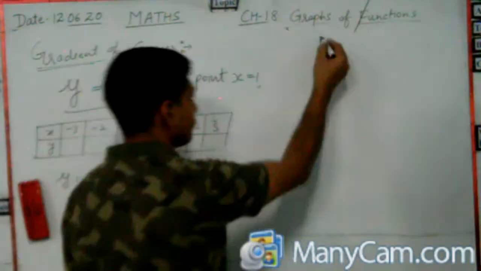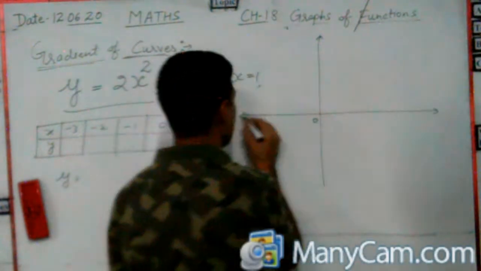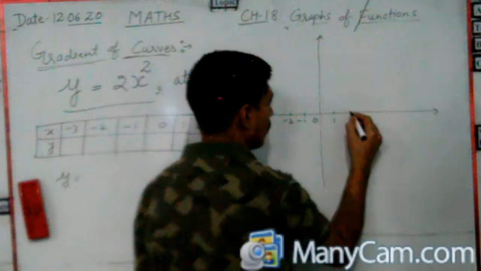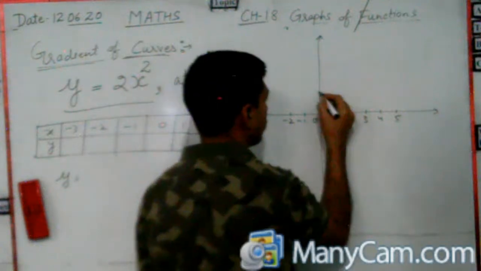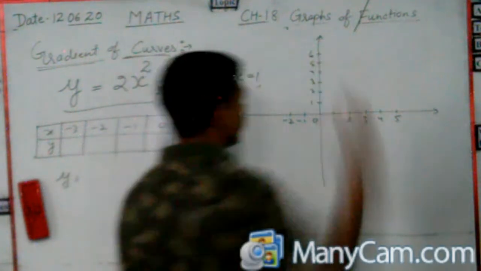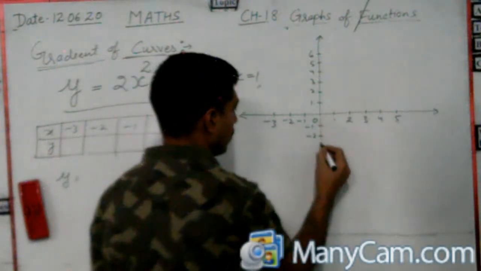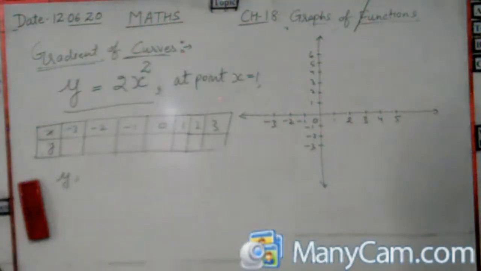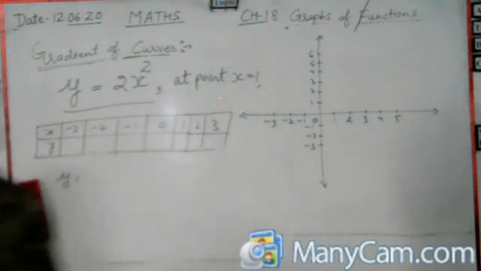When we plot the graph, the points here are drawn.